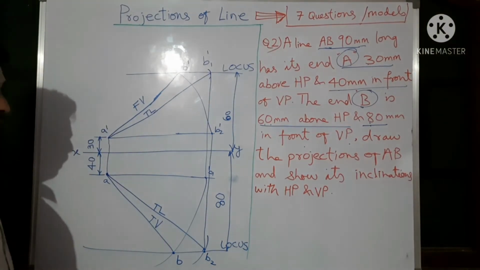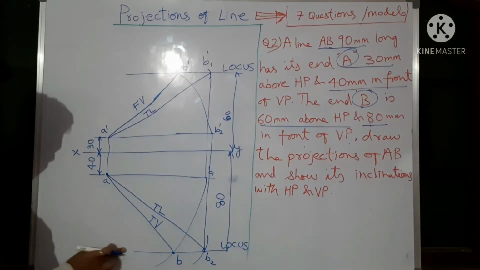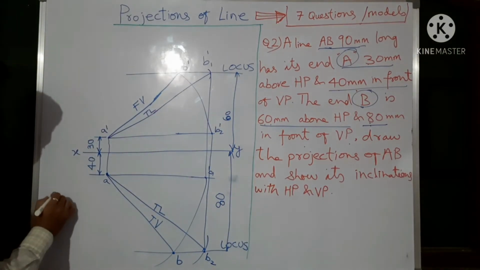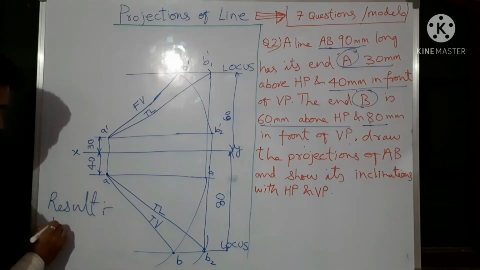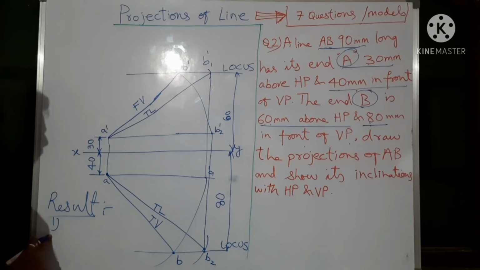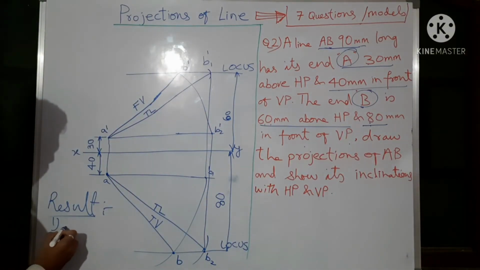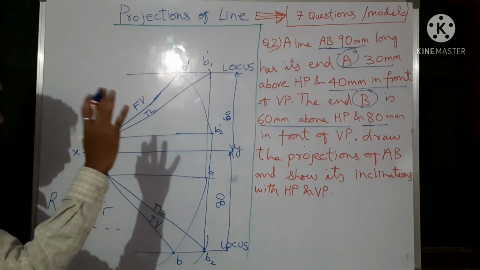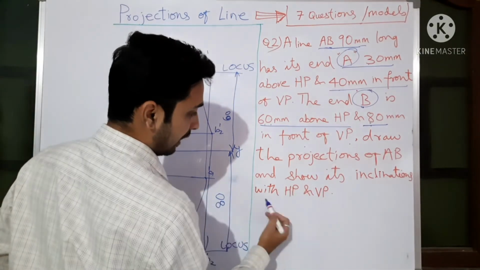Now what they are asking is the result. Below the diagram we draw the result, but space is not there, so I am writing the result here. The first point in the result is: draw the projections of AB, so write that the projections of AB are drawn. Second, show its inclination with HP and VP.